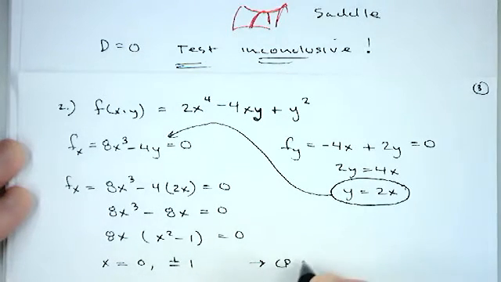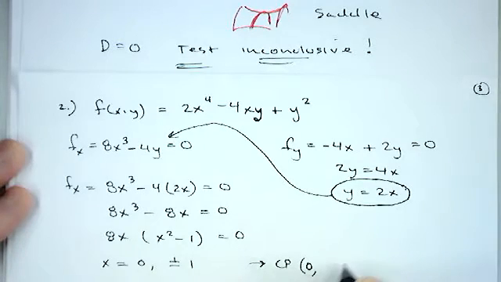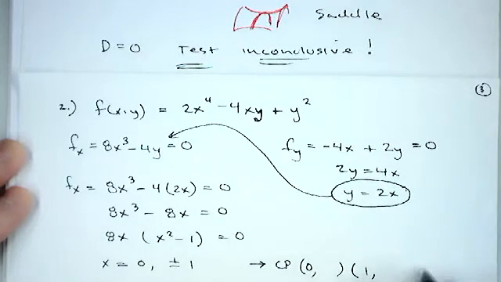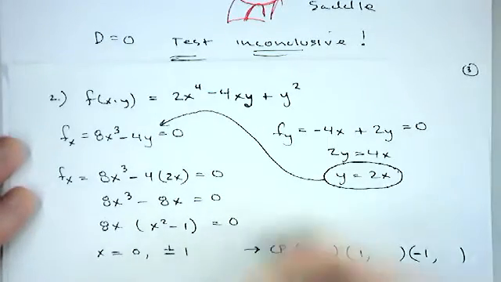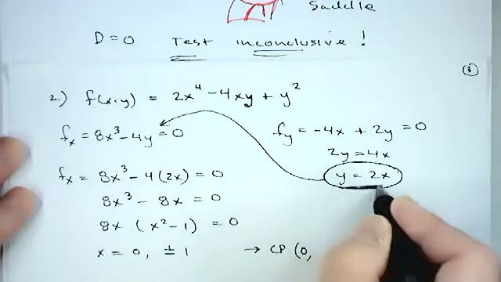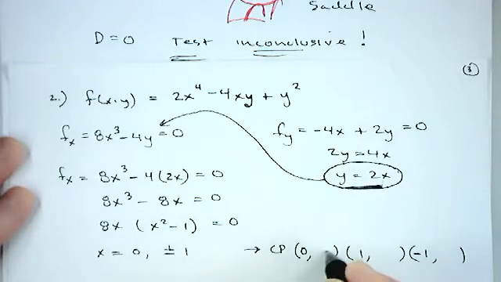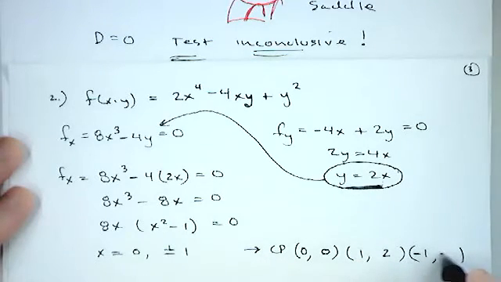So my 3 critical points, one would have an x coordinate of 0, 1, -1. And remember how we got all of these x values was under this condition, right? That y equals 2x. So your y value is going to be 2x. So 2 times 0 is 0. 2 times 1 is 2. 2 times -1 is -2.